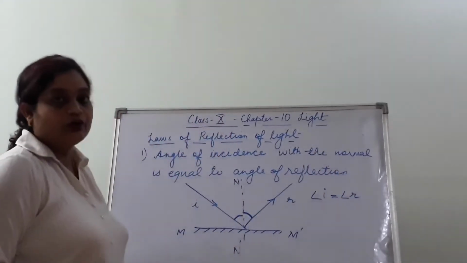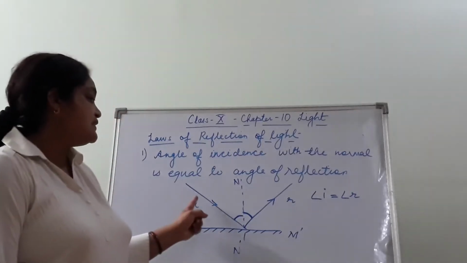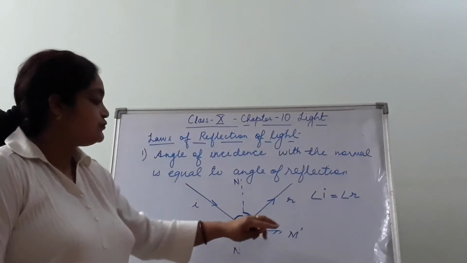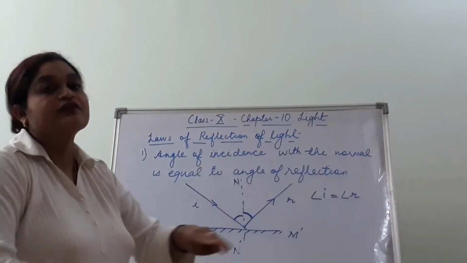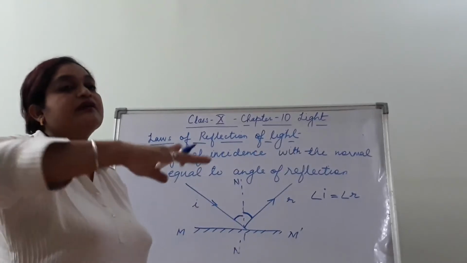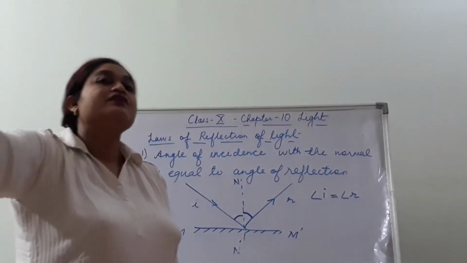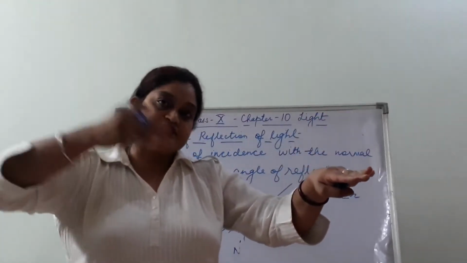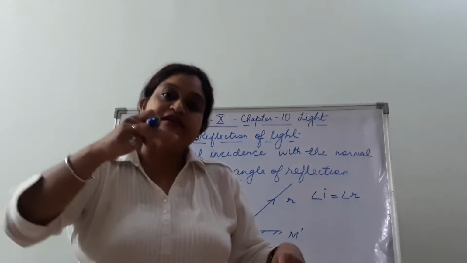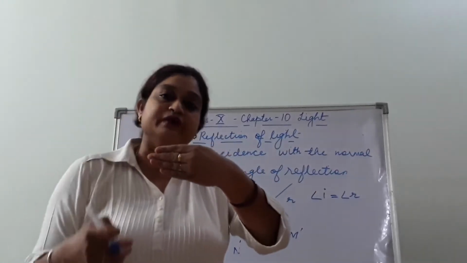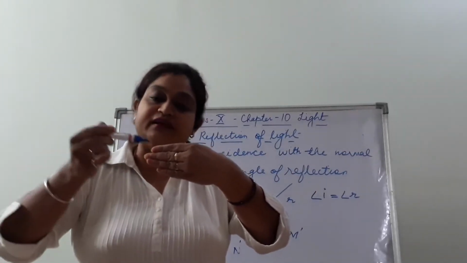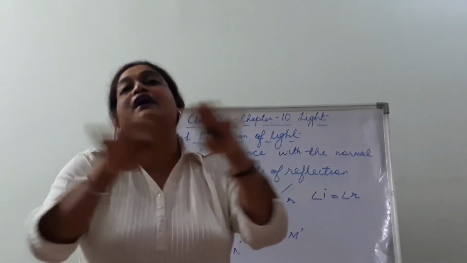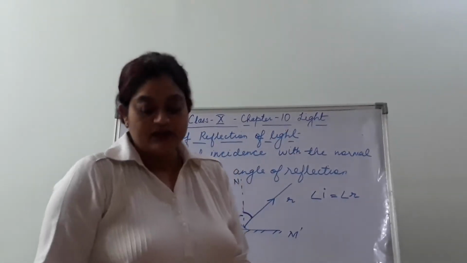This is the first law. The second law is that the incident ray, the reflected ray and the normal to the surface all lie on the same plane. Same plane means suppose this is the surface, and the incident ray is coming from this side. Here there is one mirror. So the incident ray, reflected ray and the normal to the surface all lie on the same plane. This is the second law.